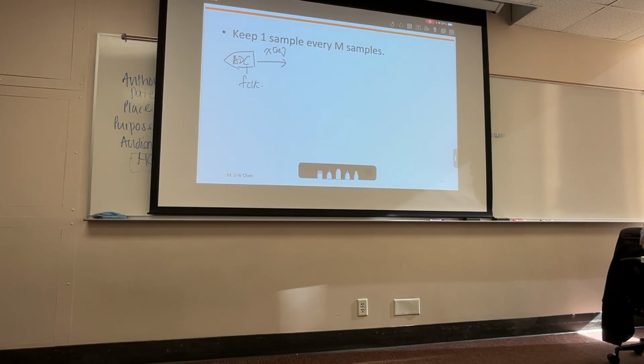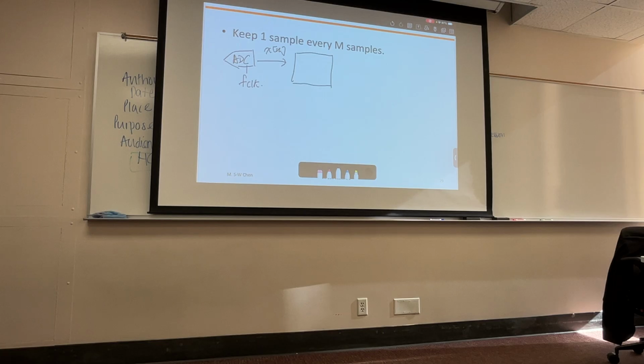Okay, so let's say ADC will perform the sampling at the rate of f clock. So now we're gonna downsample, right? And as I said here, we're gonna take one sample for every m samples, right? So usually this is how we write. We just do a down arrow by factor of m. Okay, so whenever you see this, that means that you have downsample.